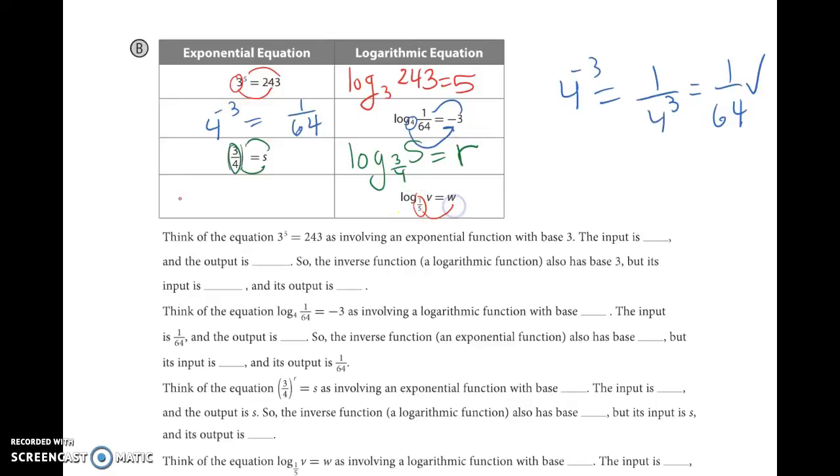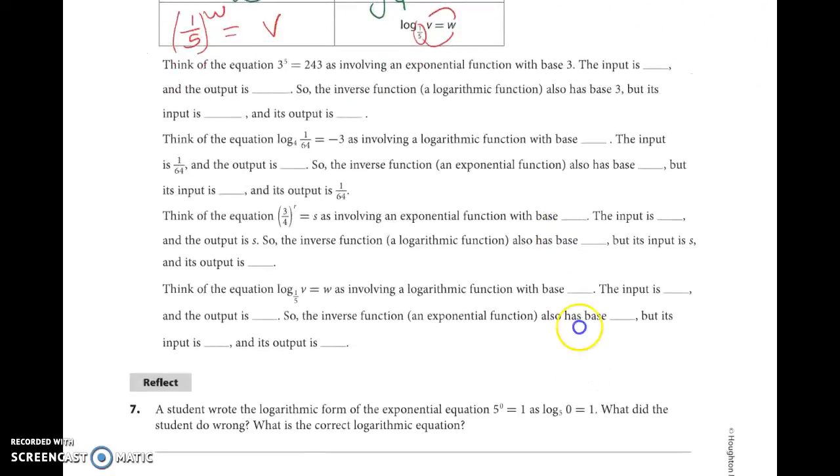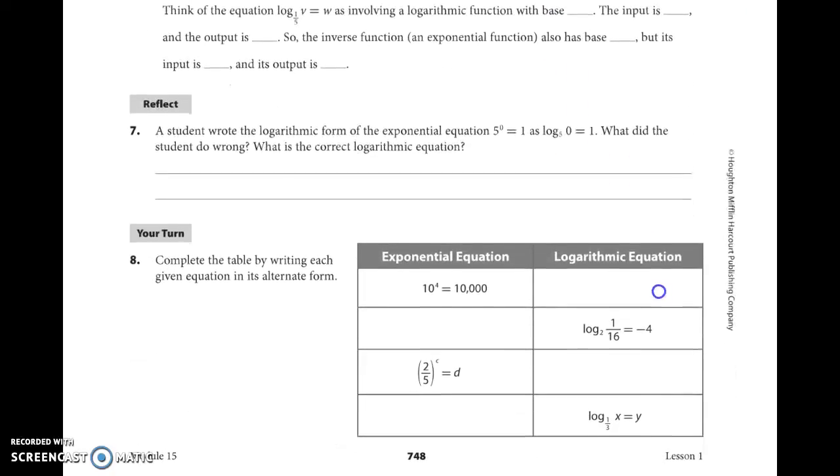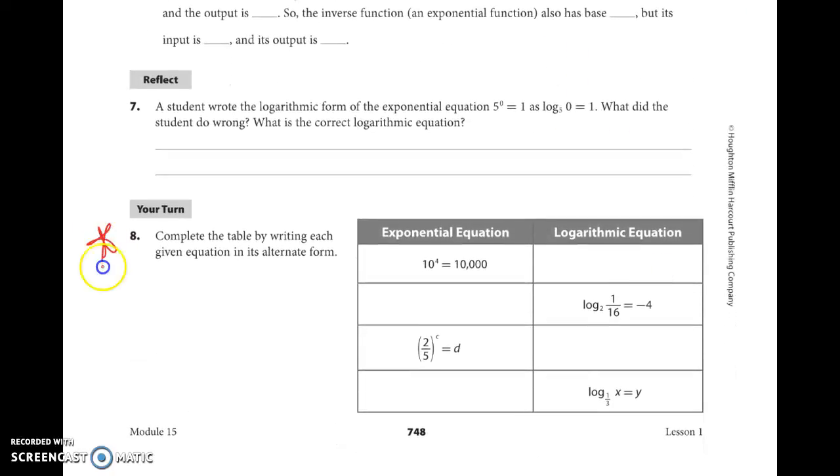Here, we have base 1/5 to the power of w equals v. So go ahead and try your turn 8 and see if you can go from exponential form to logarithmic form, or from logarithmic form to exponential form.